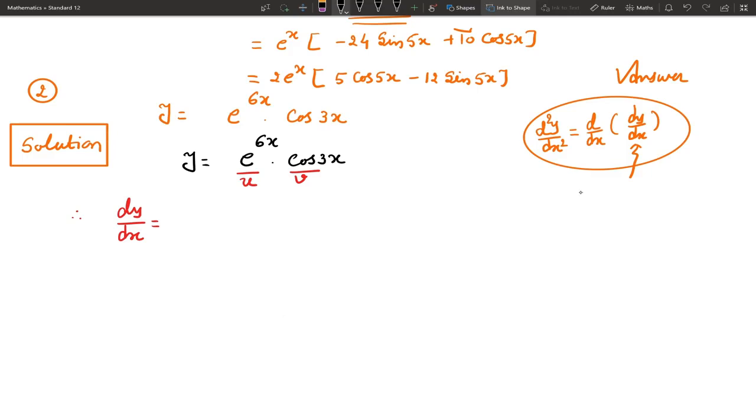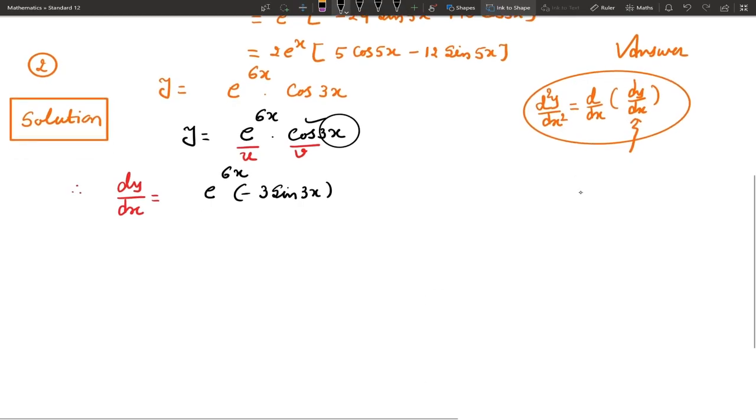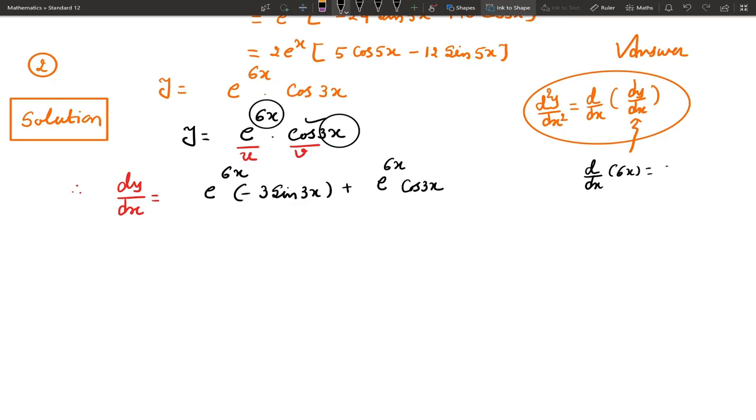First one as it is, so e raised to 6x as it is. Now the derivative of cos x is minus sine x, so this is minus sine 3x. Again by chain rule, d by dx of 3x is 3. So u as it is, derivative of v, plus v as it is, derivative of e raised to 6x, e raised to 6x, and into, by chain rule, d by dx of 6x, that is 6.